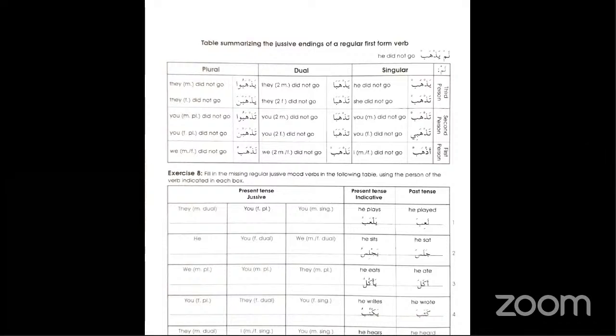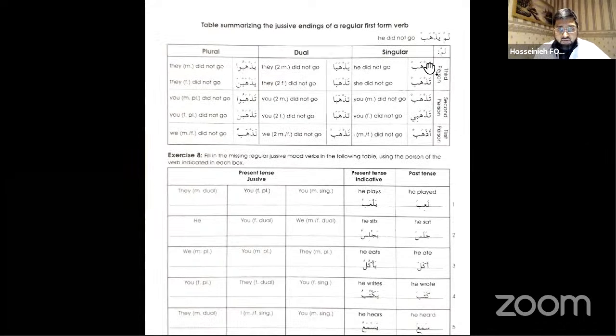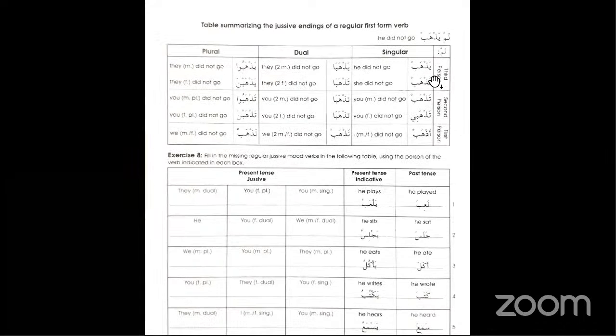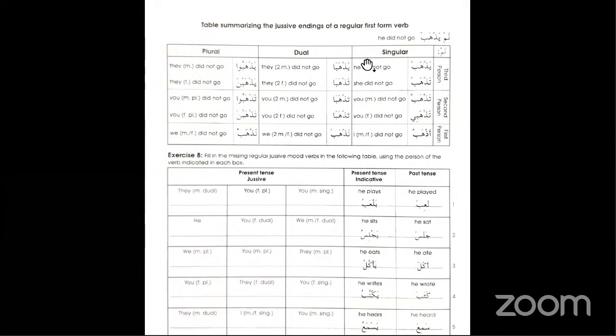Would you be able to do the verb lam yadkhul? Lam yadkhul. No, sister, you're doing it the wrong way. Look on the screen and follow the pattern. Lam yadkhul, lam yadkhula, lam yadkhulu: singular, dual, plural.